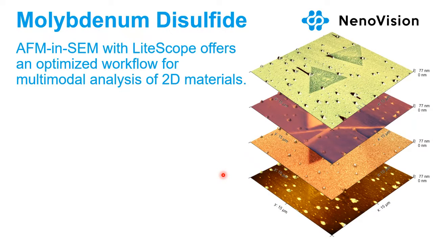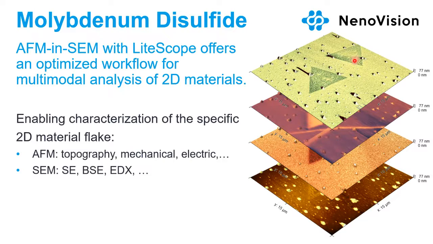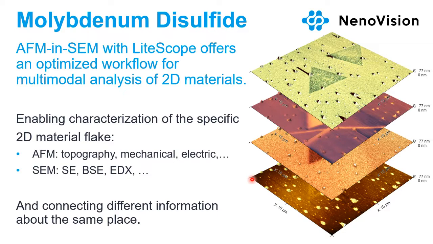So what I showed is that we offer an optimized workflow and solution by using AFM-in-SEM with LiteScope, providing us multimodal analysis of two-dimensional materials. It enables us to characterize mechanical, electrical, magnetic properties together with capabilities of SEM, such as secondary electrons, backscattered electrons, or EDS analysis for chemical composition, and connecting the different information about the same place.